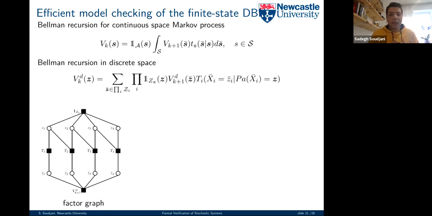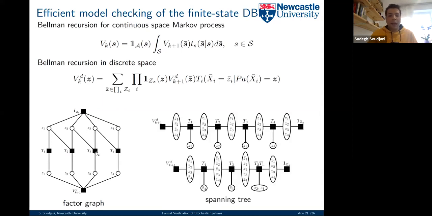For example, I give you some intuition. There is a factor graph that shows the connection between these tables and the variables. And usually, because of this type of dependencies, we have loops in the factor graph. There are methods to combine the variables and the tables to eliminate the loops and have a tree, called the spanning tree.